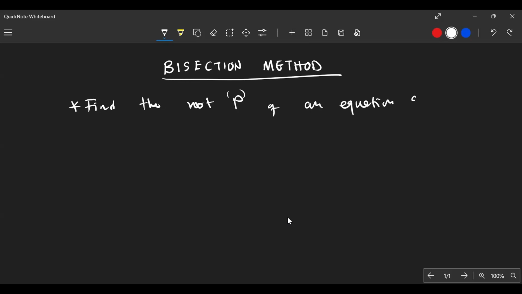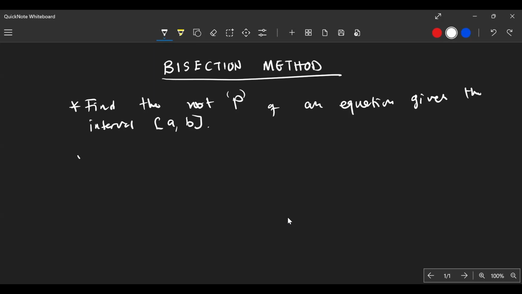We need to be given the interval. The interval is from A to B. So this root lies in this interval A to B, somewhere in between.